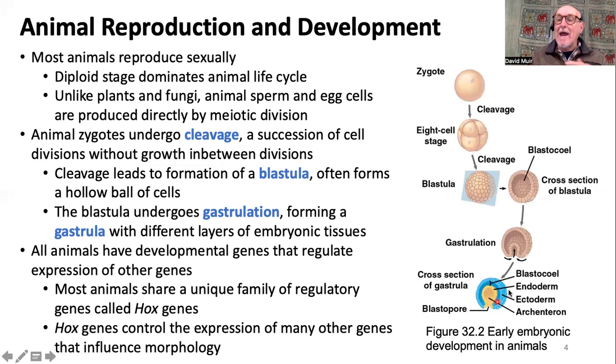So they can tell where in this gastrula, where the gastrula is the result of gastrulation, those particular cells are and what, because of their position, their fate should be, and regulate that fate. The Hox genes control the expression of all sorts of other genes. So they control expression of things to turn cells into muscle, to turn cells into bone, etc., etc.